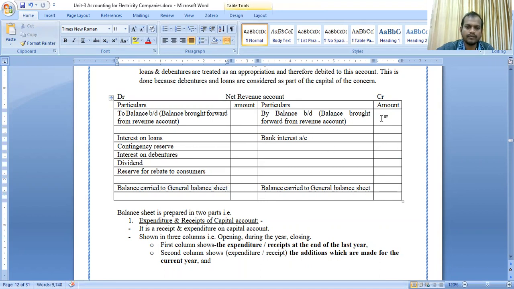If it is excess of revenues over expenses, then we'll transfer it to the balance sheet as a net revenue. In both cases, either it is negative or positive, we'll transfer it to the general balance sheet.